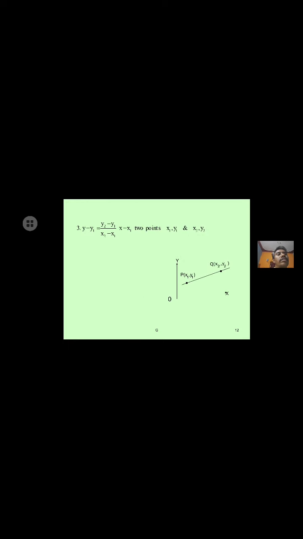Next, third one, if 2 points are given, that is (x1, y1) is a point, you can see on the diagram P, and another point Q, (x2, y2), then we can form the equation of the line, that is y minus y1 equals (y2 minus y1) by (x2 minus x1) times (x minus x1).